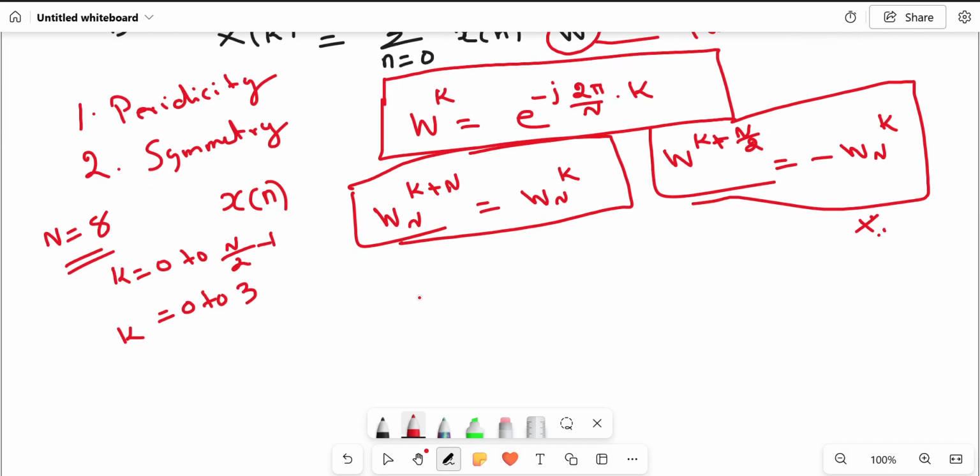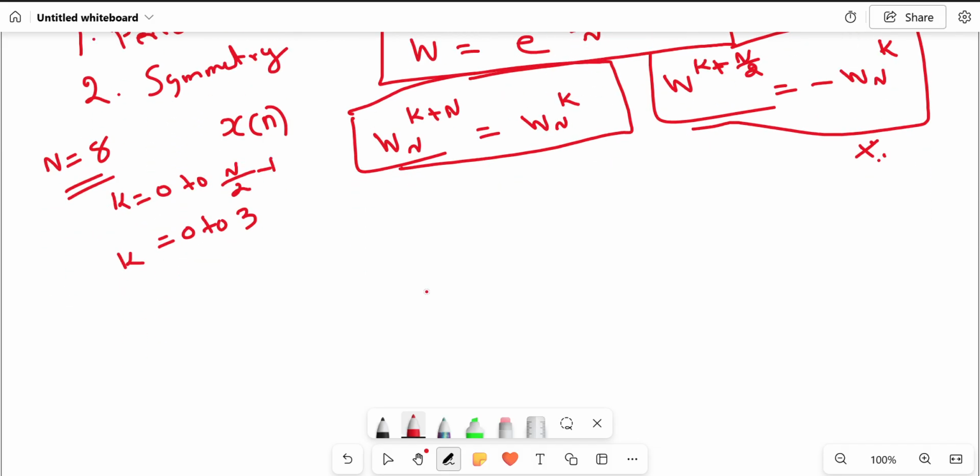Now we will see the structure of the decimation in time FFT algorithm, and also in the basic computation we have seen the N-point is decomposed into N by 2 and N by 2, again decomposed into N by 4, N by 4, N by 4 and N by 4.